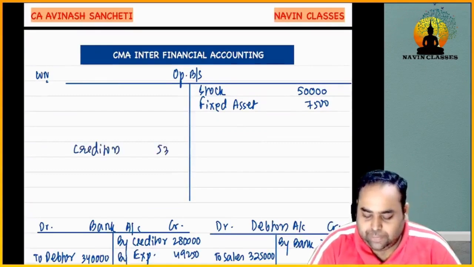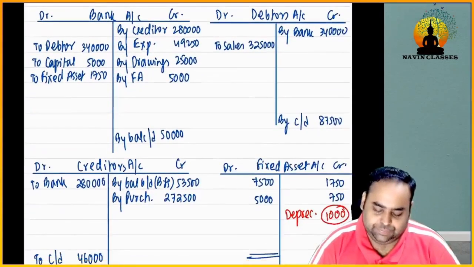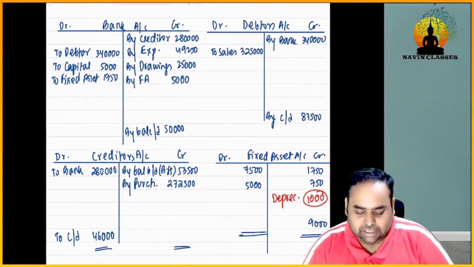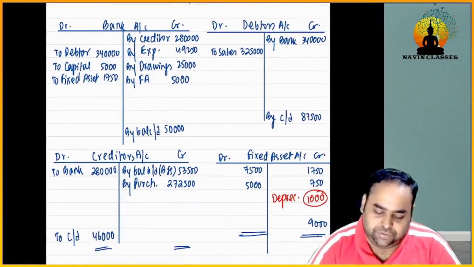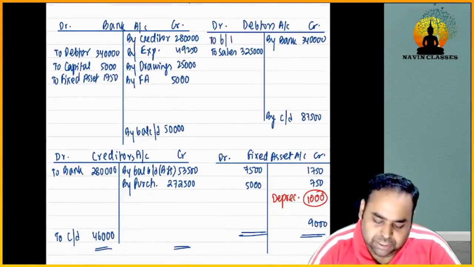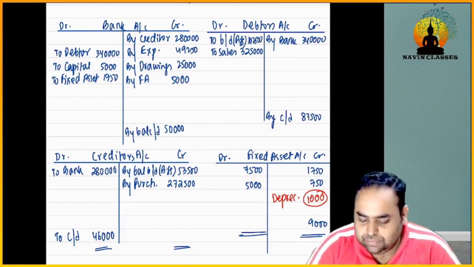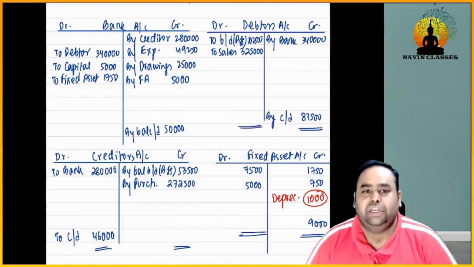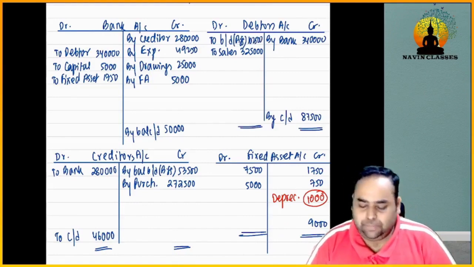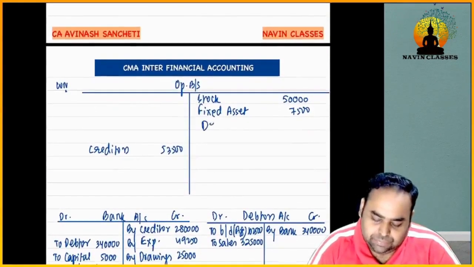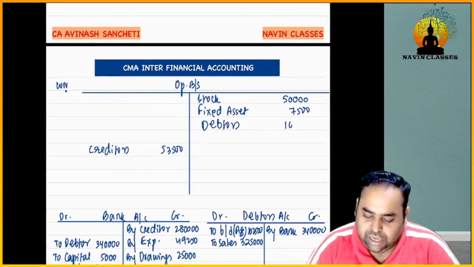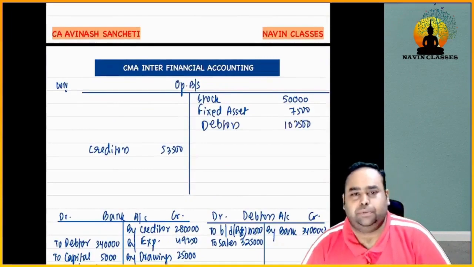You can check once to see if you also got the same answer. For debtors, it is 340 plus 87,500 minus 325. To balance BD, 1,02,500. Debtors 1,02,500 for the opening date.